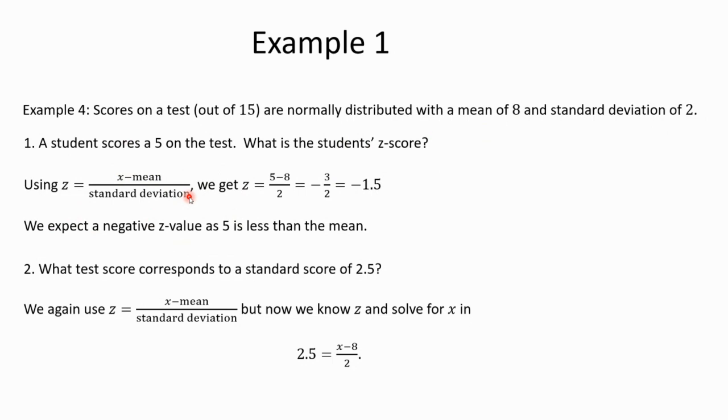So the z-score is 5 minus 8 over 2, which is -3 over 2, which is -1.5. Notice we should get a negative z-score, because the data value is less than the mean. 5 is less than 8. If this was instead like 9, our z-score would be positive.